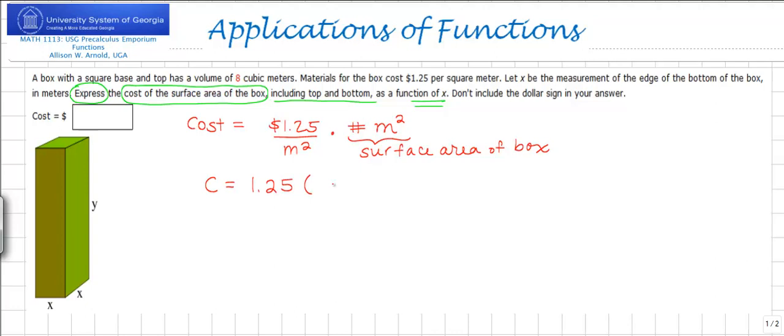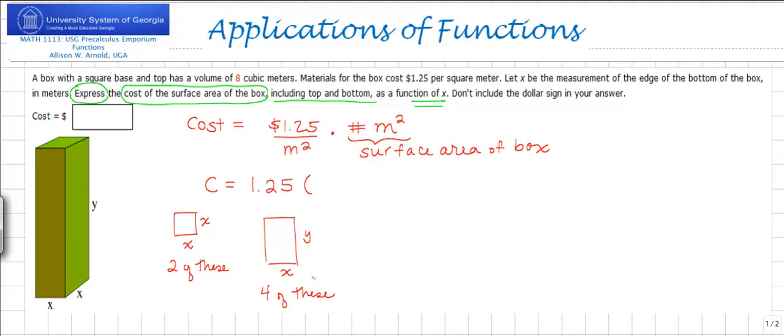The box, if you include the top and the bottom, are both squares. So there's two of these. And then the four sides are identical, each with dimensions x by y. And there are four of these.